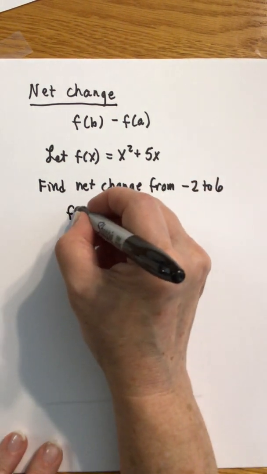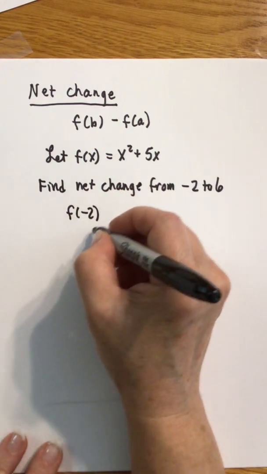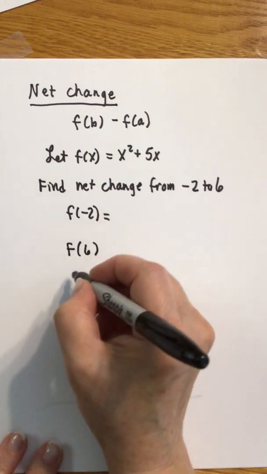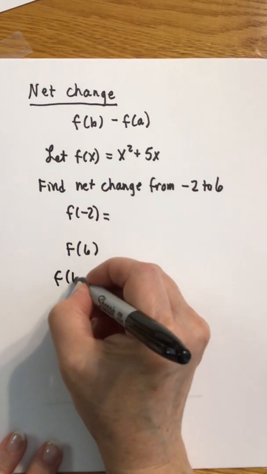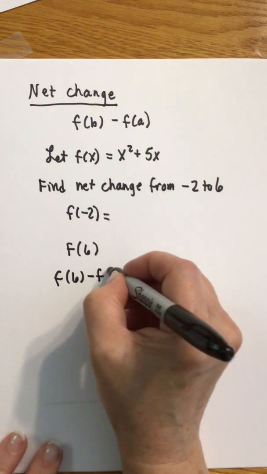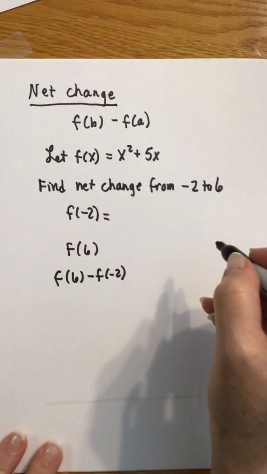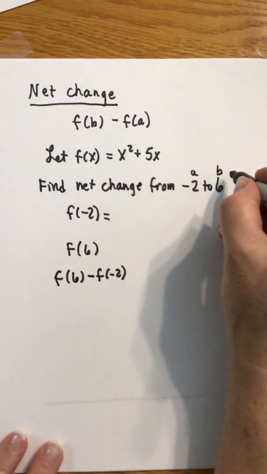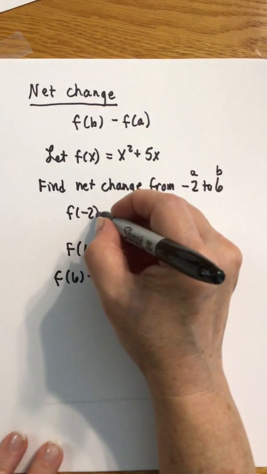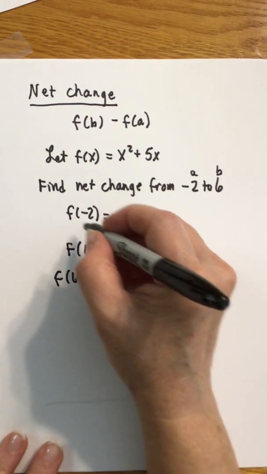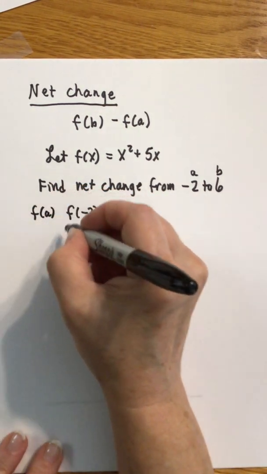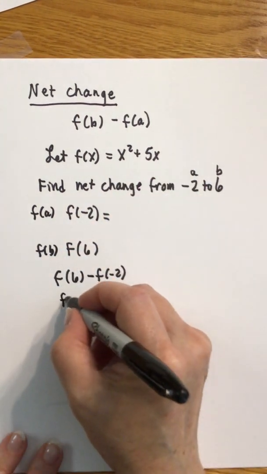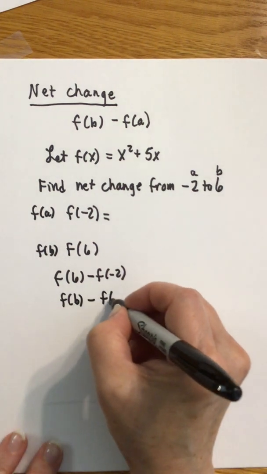We're going to find f of -2, and we're going to find f of 6. And then we're going to take f of 6 minus f of -2. Okay, so this is my a, and this is my b, right? So this would be my f of a, and this would be my f of b. So net change is f of b minus f of a.